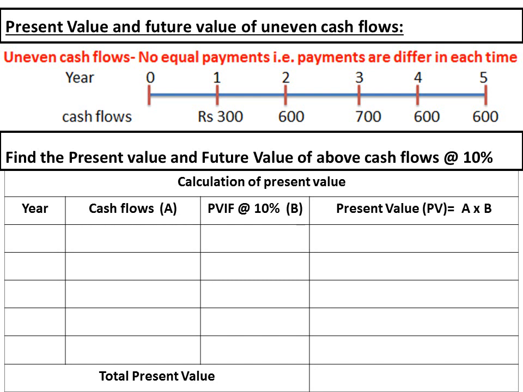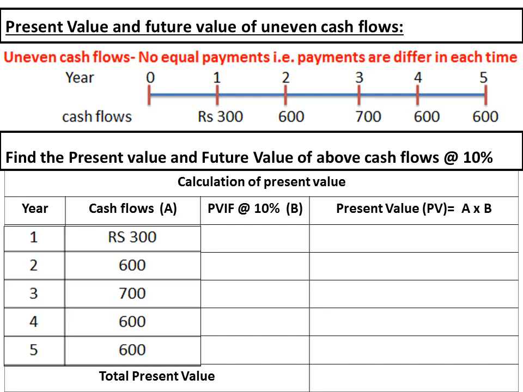Don't use the PVIFA and FVIFA. Now the present value PV equals the product of A and B, that is, cash flow and the PVIF table factor.